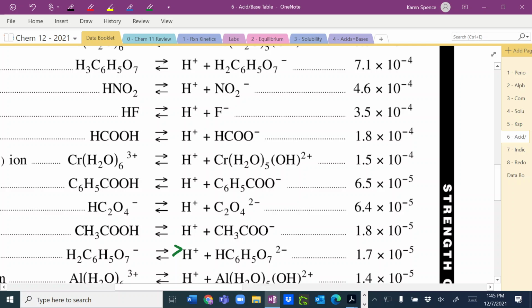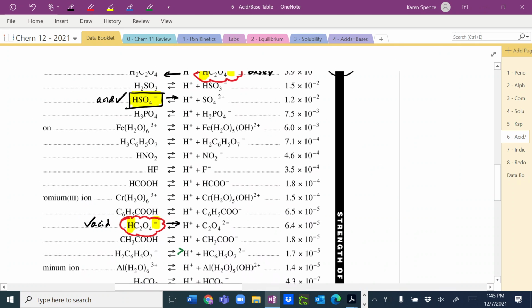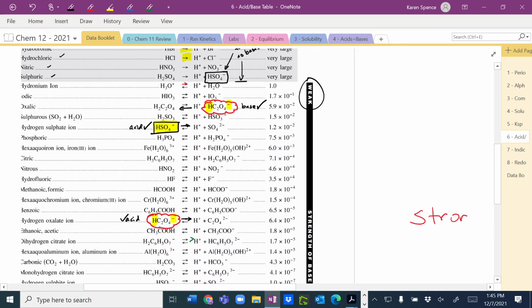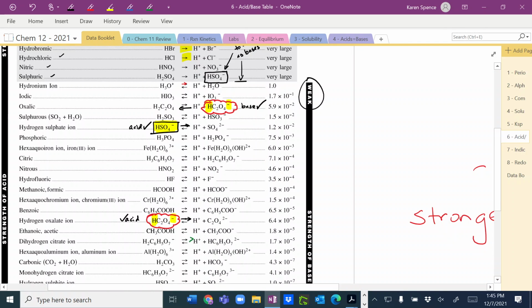Oh, there it is, down at 6.4 times 10 to the negative 5. And we've got that hydrogen and the negative, and it is able to go that way. So can it act as an acid? Yes. So you'll see anything that's within that white area is A-okay as long as both substances are within there. So that's it for those.